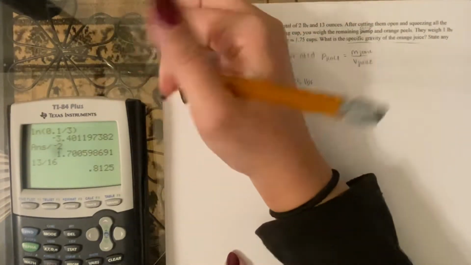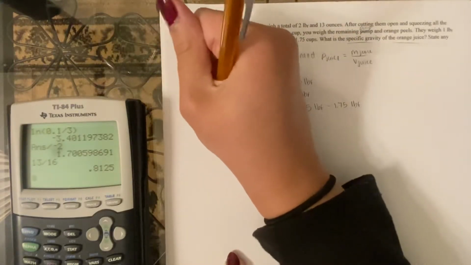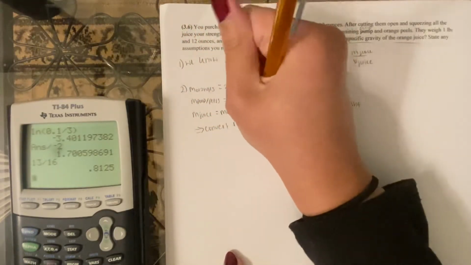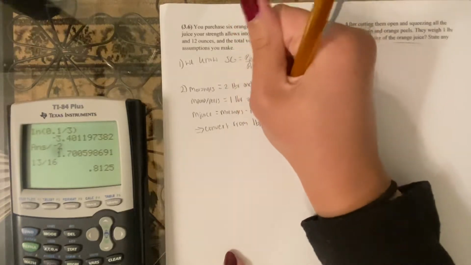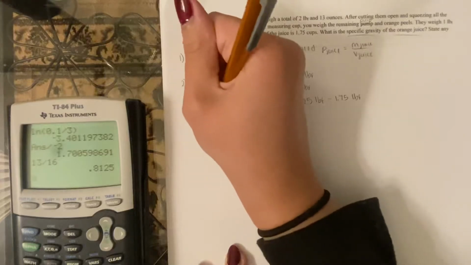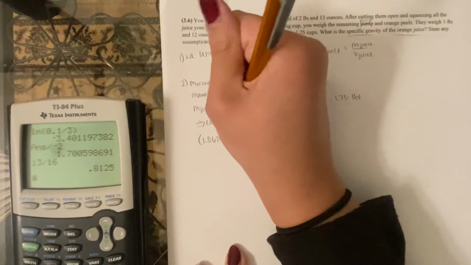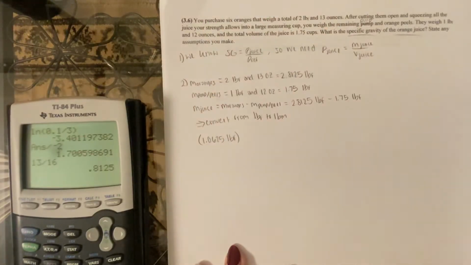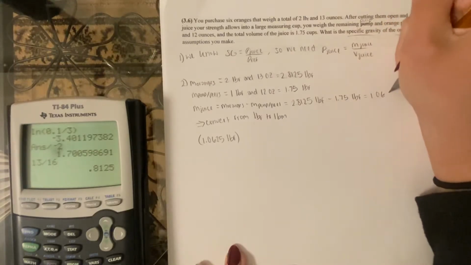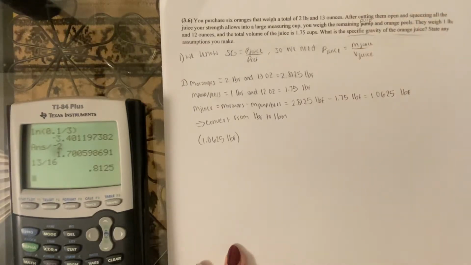So convert from pound force to pound mass. So this is equal to 1.0625 pound force.